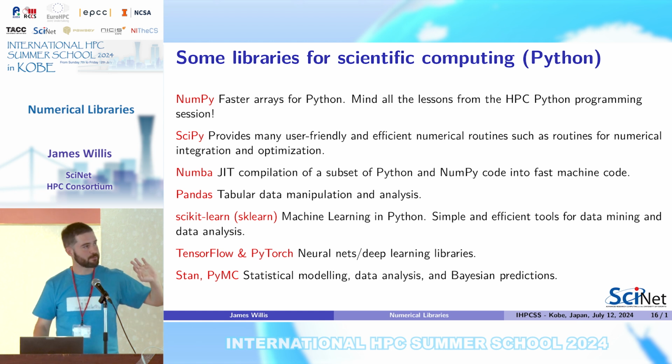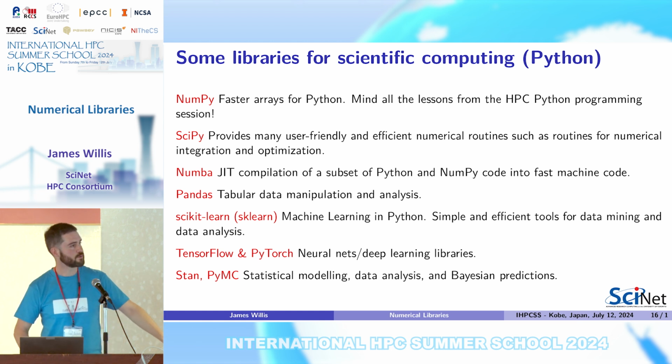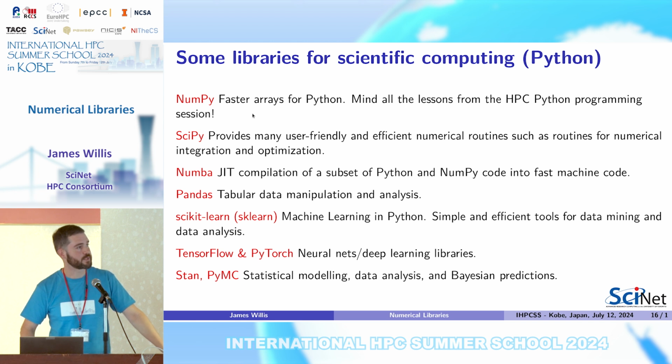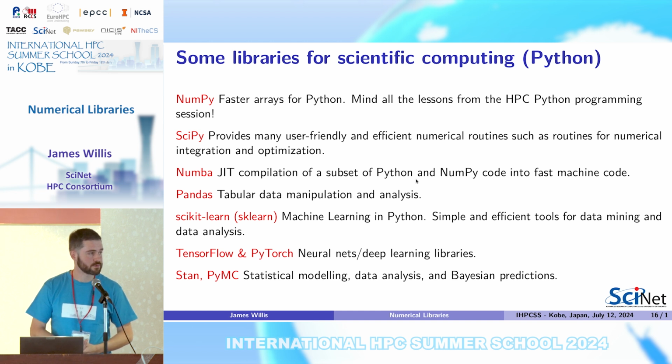So now I'll move on to the Python libraries. If you attended Ramses's HPC Python program on Wednesday, he went through the NumPy library, which is for faster arrays in Python. Then we have SciPy, where a lot of scientific analysis tools are in that library. Then we have Numba, which is just-in-time compilation of a series of Python and NumPy code to run as fast machine code.